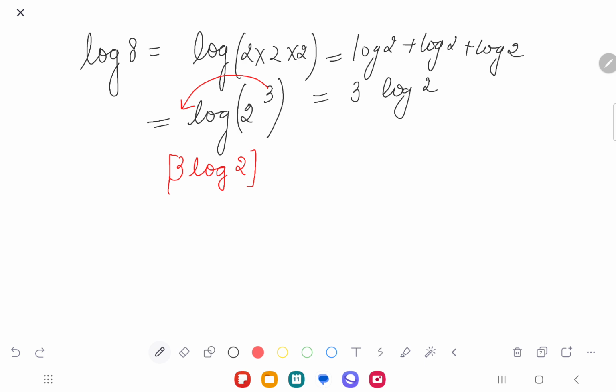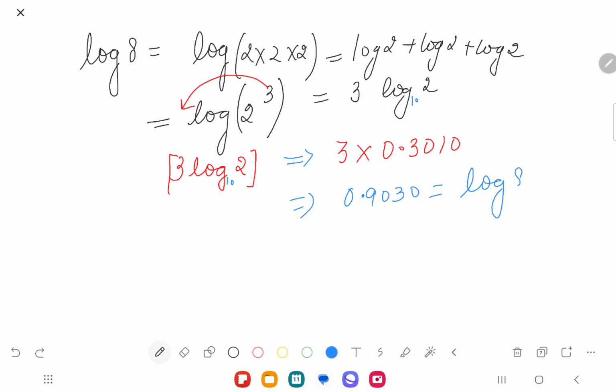Yes or no? Yeah. Anyway, the answer comes out the same. And log 2 value we know is 0.3010. Just remember, when nothing is given, the base is 10. You understand? So that is going to become 3 times 0.3010, which is 0.9030. That's the value of log 8. Understood or not? Yes. Yeah.